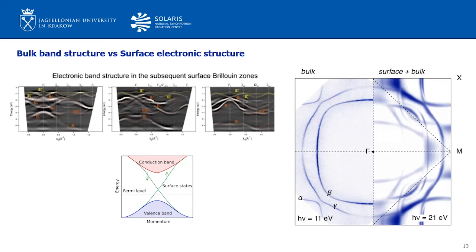But what is the difference between the surface bands and bulk bands? Surface bands are independent of the K perpendicular wave vector. So we can measure the dispersion relation for K parallel to the surface, which is invariable with the excitation energy.